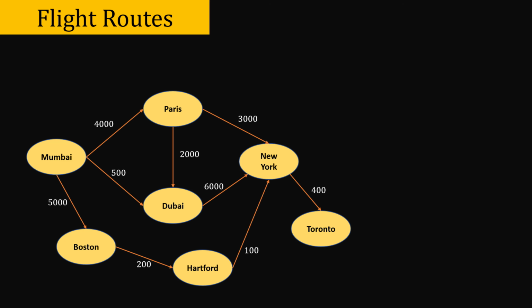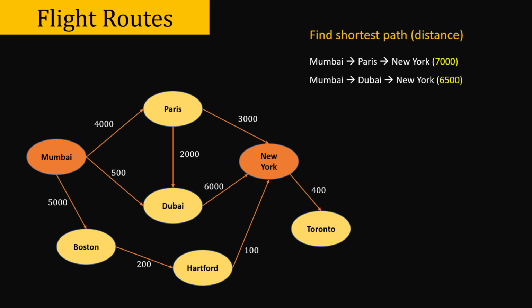There could be type of a graph where the edges are weighted. And this weight in the case of the flight route example will be the distance between the two cities. In this case, this is called a weighted graph. And the shortest path based on a distance is not Mumbai, Paris, New York or Mumbai, Dubai, New York.